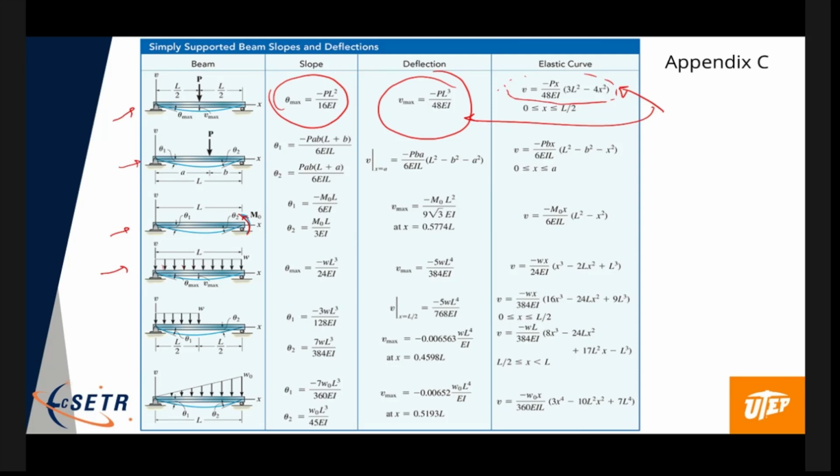Okay, so for example, in the previous example, where we had a beam that was pinned at 2 points and then had a 6 kilonewton force acting outboard on it, where this was 2 meters and this was 1 meter.